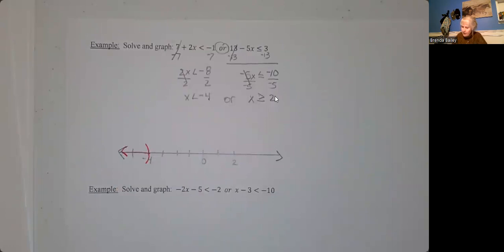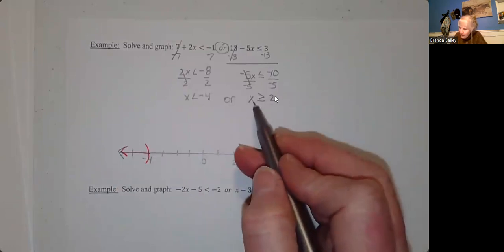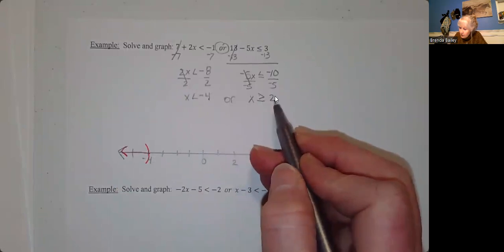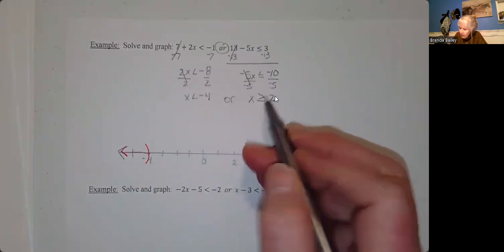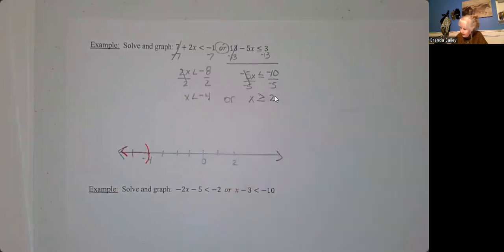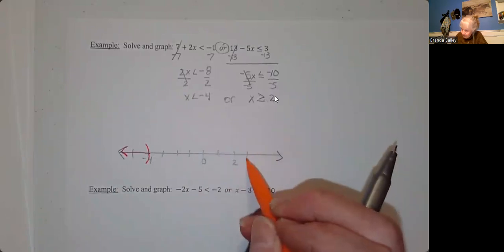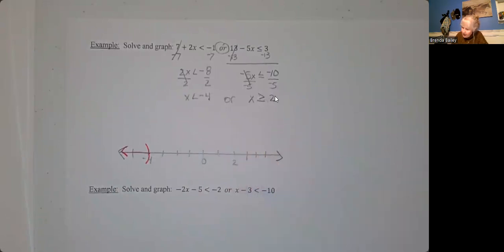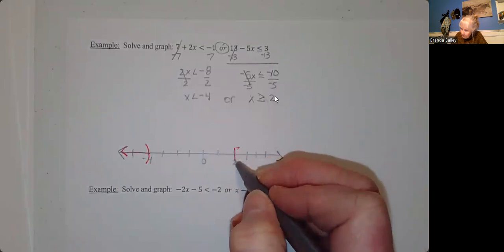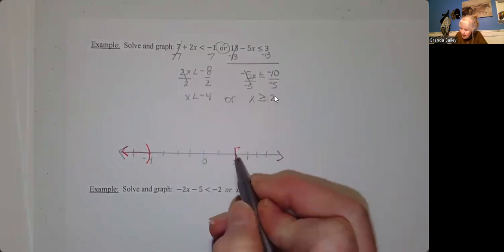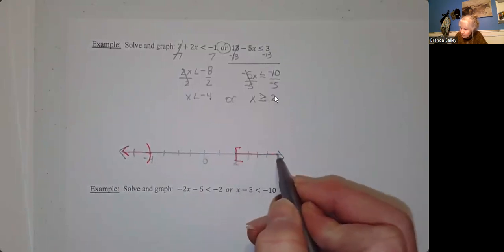This next one, I'll just go ahead and use red. We have x's that are greater than or equal to 2. Because we have that equal, we're going to use a bracket. Let me go ahead and put marks here. So we're going to go to the 2 with a bracket, and we want x's bigger, which is always to the right.